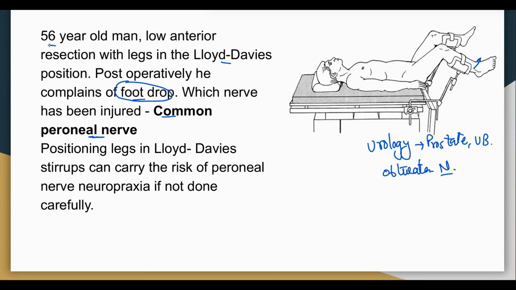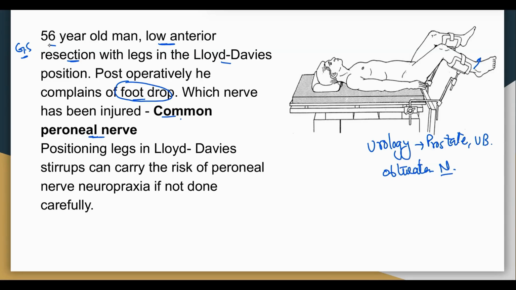And if this same position is being used for a lower anterior resection, which is a general surgery operation, and the patient presents with a foot drop, in that case, it will be because of common peroneal nerve damage.